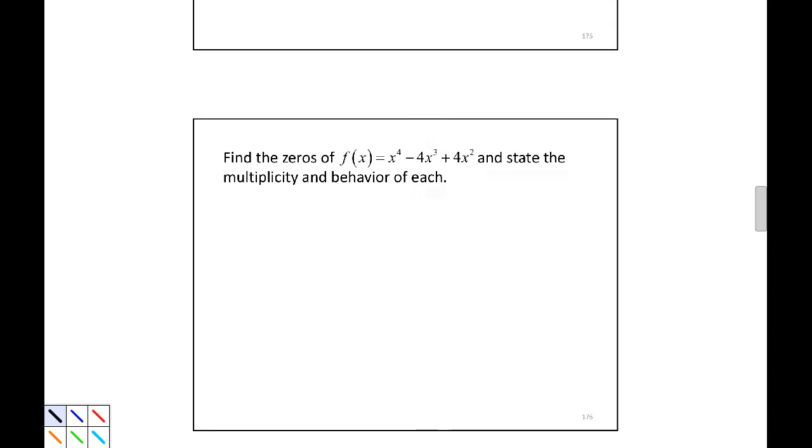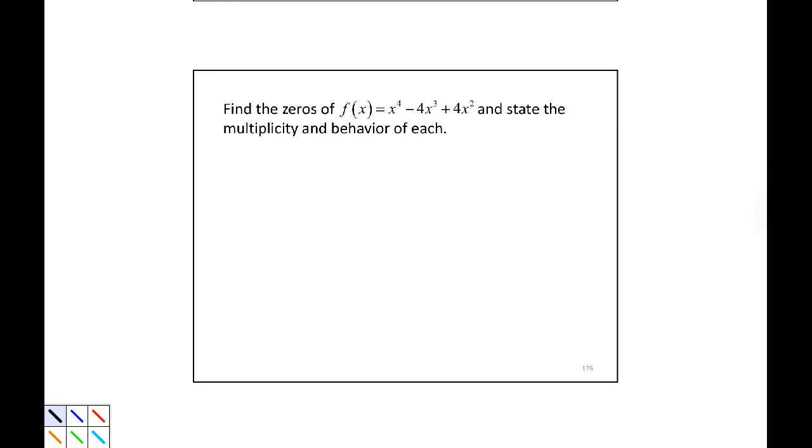Our next example says to find the zeros of f of x equals x to the fourth minus 4x cubed plus 4x squared, and state the multiplicity and behavior of each. Again, we'll set this function equal to 0, because that is what a zero is, the value that makes the equation equal to 0. We'll factor out a greatest common factor of x squared.